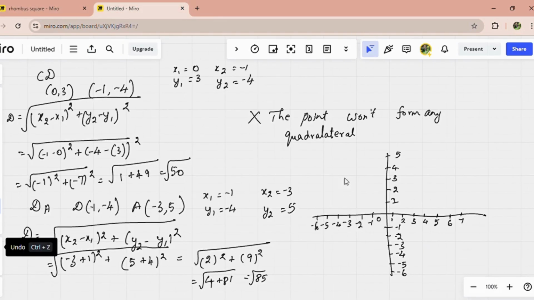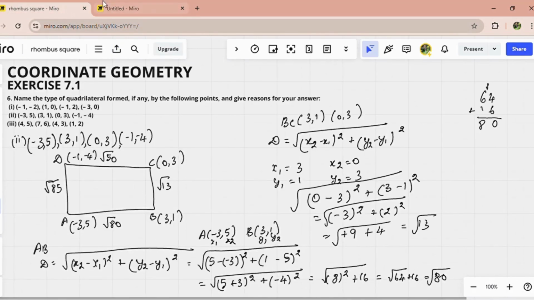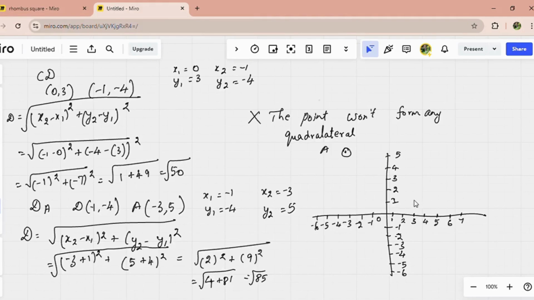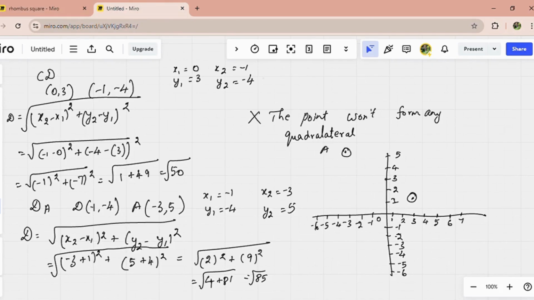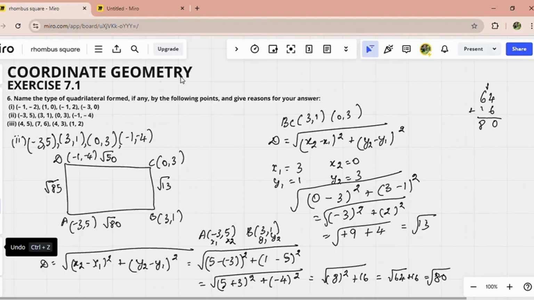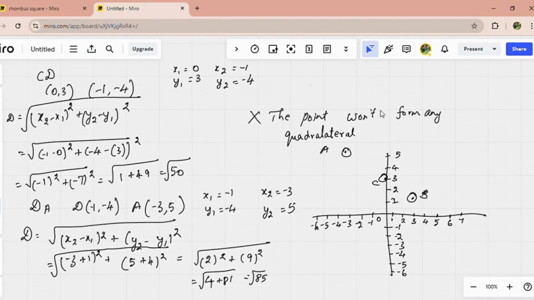Now B value is 3, 1: x-axis 3, y-axis 1. And C is 0, 3. This is B and this is C. And now D. D is minus 1, minus 4. Done.